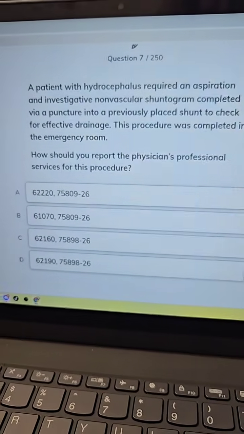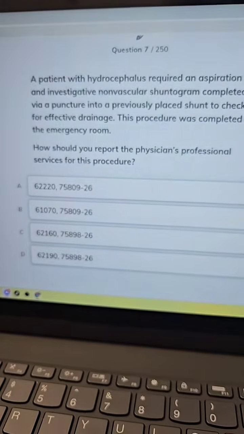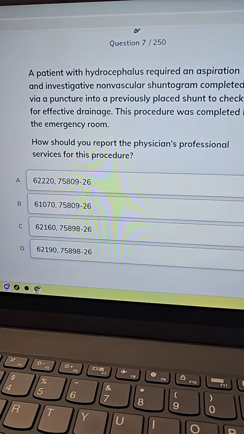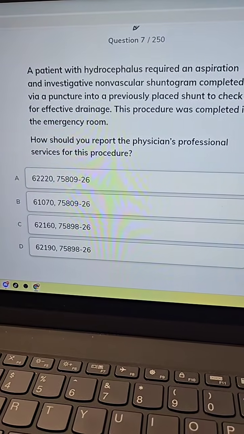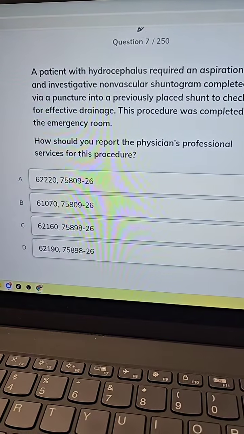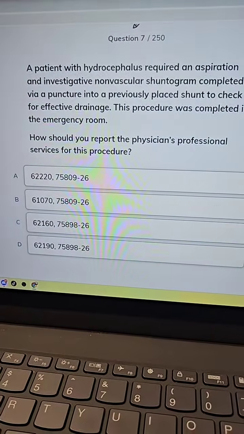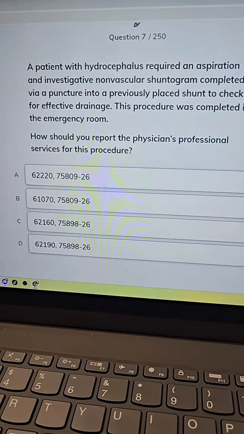But my strategy for this question would be to look at the 2 radiology codes quickly, see which 2 codes were the shuntograms. That would eliminate 2 answers really quickly, and then I could be at a 50-50 shot. Then I could see what my differences are in those 2 CPT codes, and then only skim the question for those differences. Never ever read the question from beginning to end. You're just slowing yourself down.